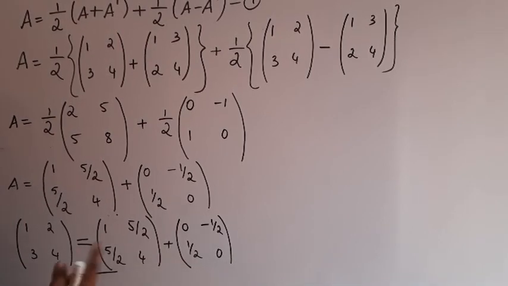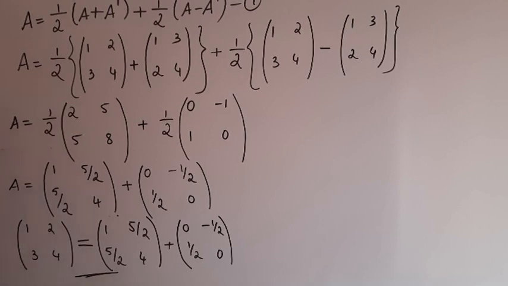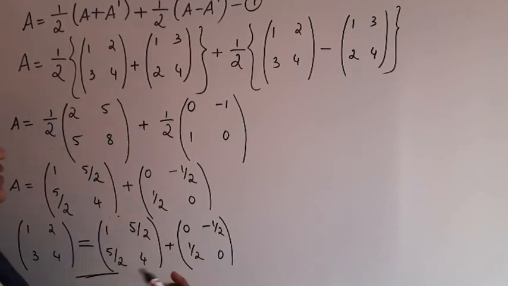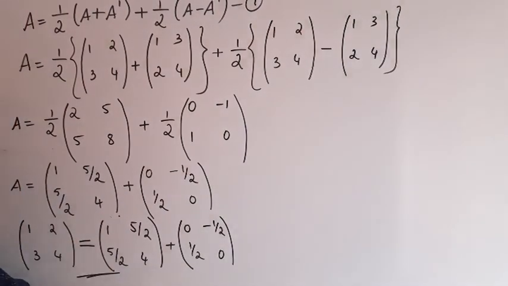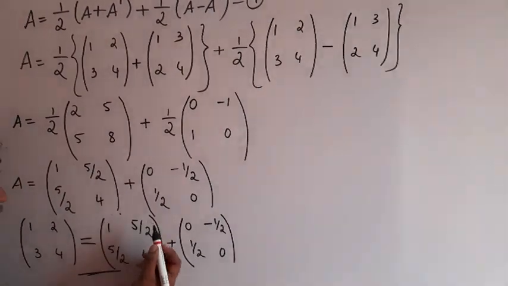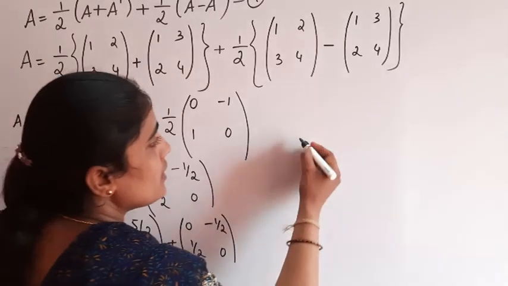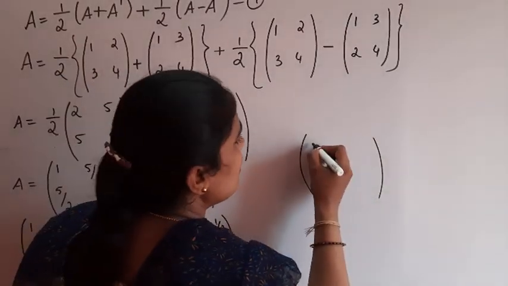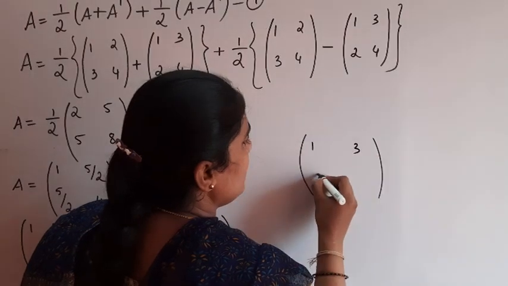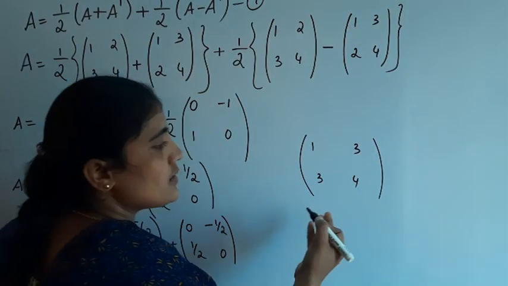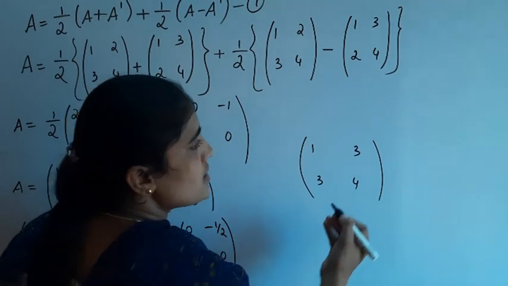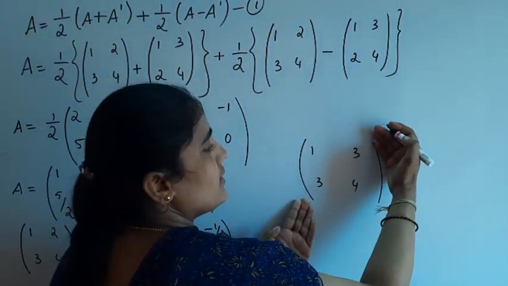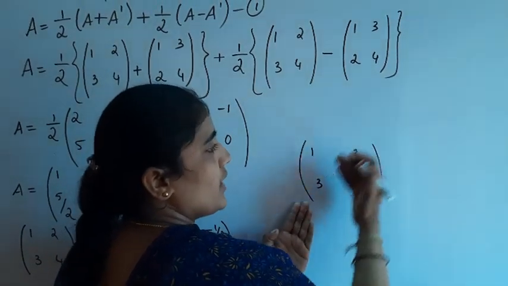So here only we can verify directly. See here, for symmetric matrices, this is the shortcut, but don't use it in the theory. Okay, you can use it in a CET. See here, in symmetric matrices, suppose we take the folding. I can take another example. Okay, 1, 3, 3, 4. See here, this is a 2 cross 2 matrix. Suppose we take the folding like this, okay, in a triangle shape.